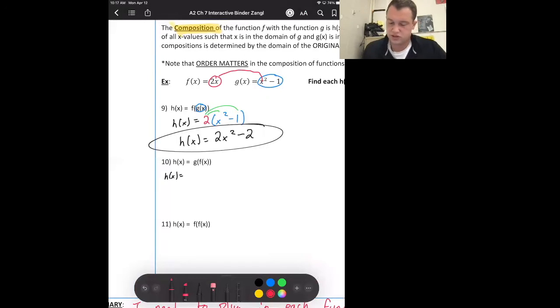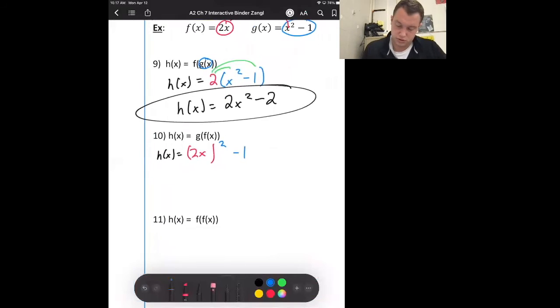So anywhere there's an x in my g of x, it'll be replaced with that 2x, or the f of x. So now I'm going to have 2x, and that'll be squared minus 1.